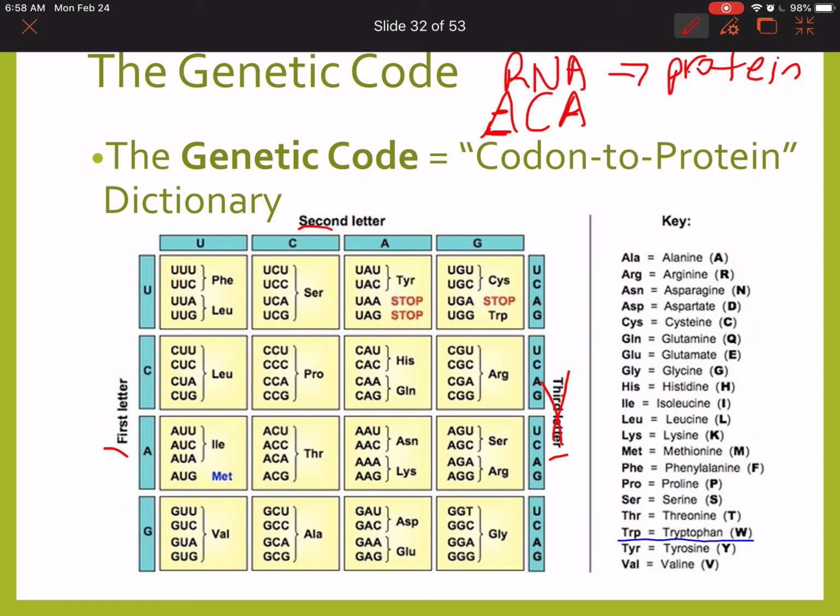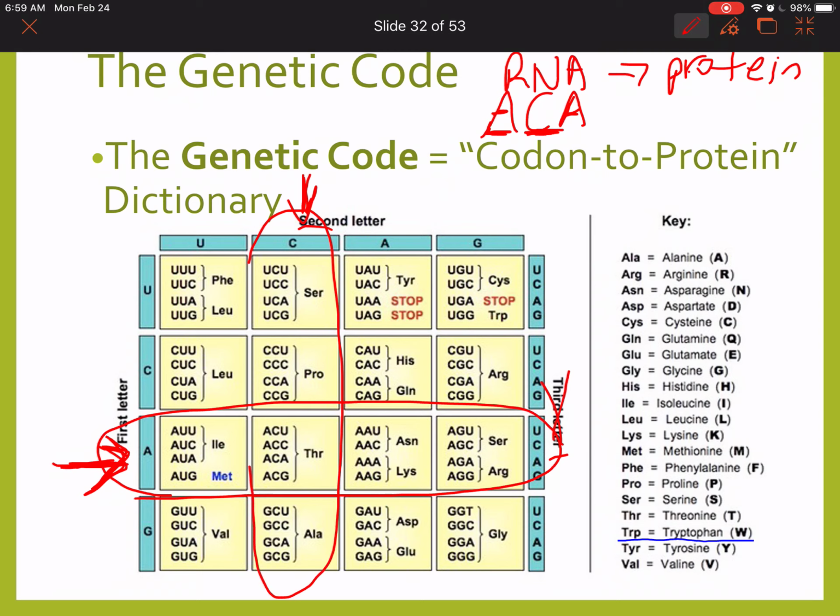First letter is A. Let's see, first letter A, that means I'm using this row. Okay, so my answer is somewhere here. And you can start looking, you'll probably find it, but if you want to be fast, second letter is C. Second letter, C. I'll be using this column. So my answer is in this box.